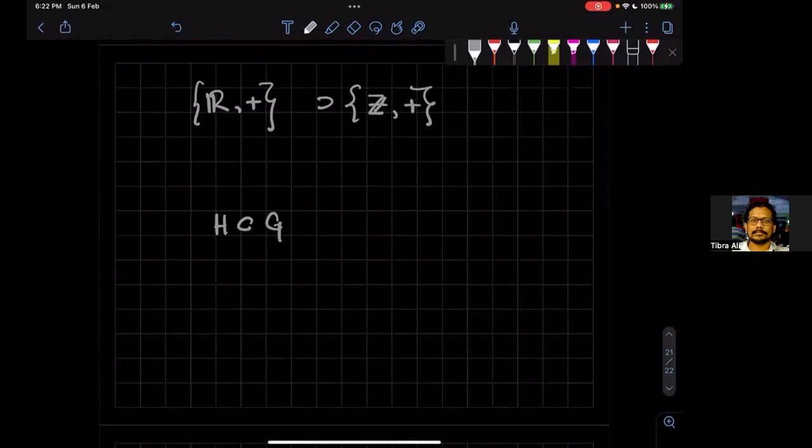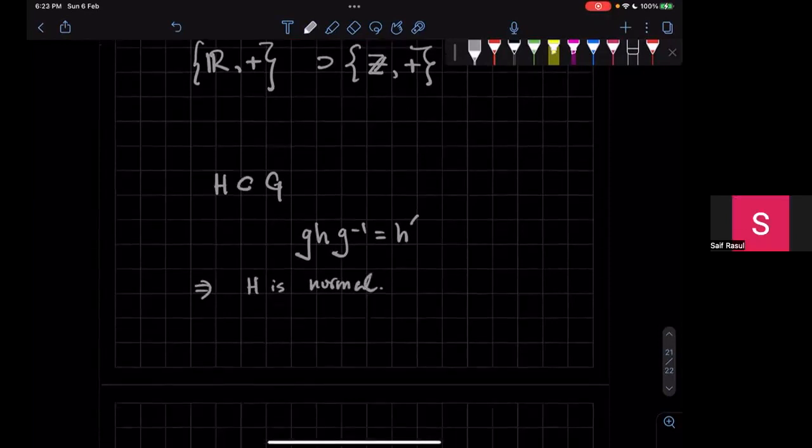Now, if you take some G and multiply it with H, and then G inverse gives you, say, H prime, then H is a normal subgroup, if it gives an element of H. So we can write this as GH as H inverse G, right?